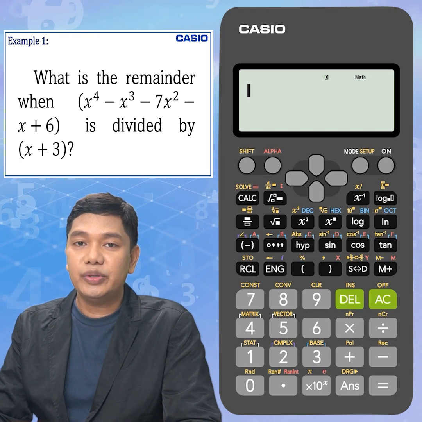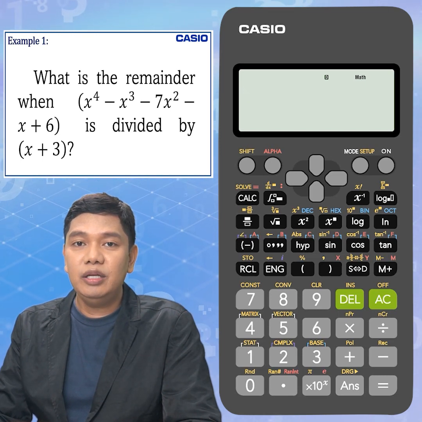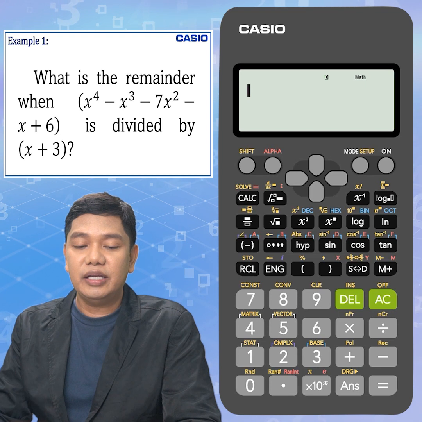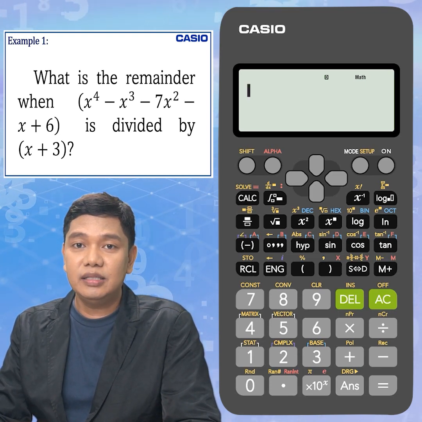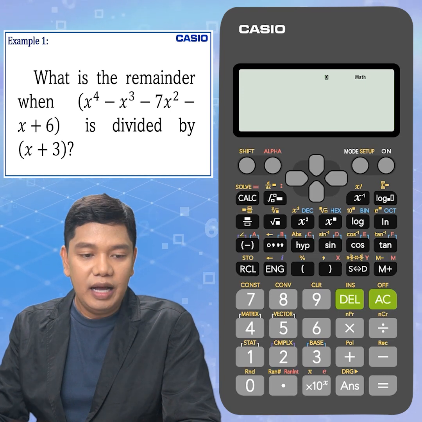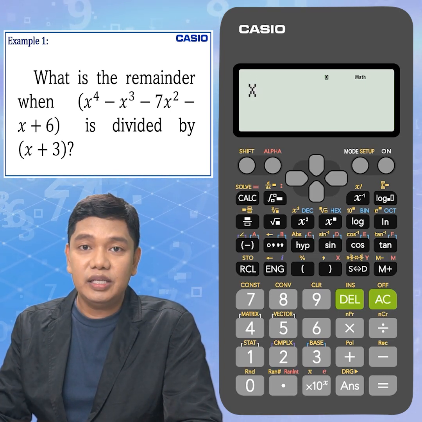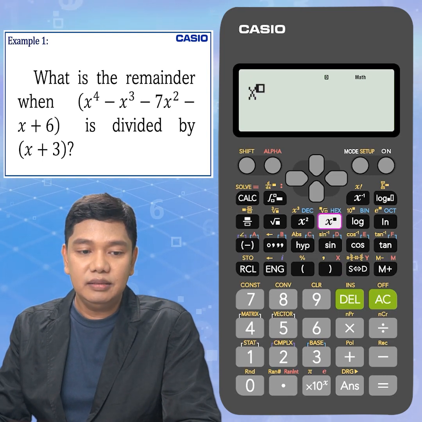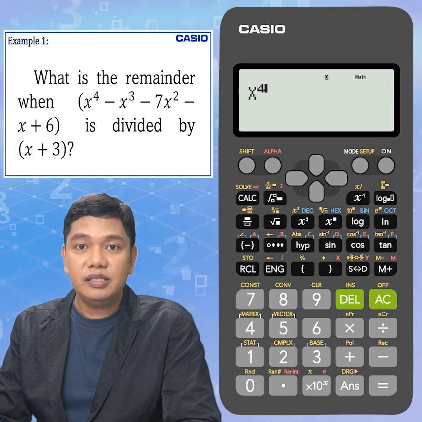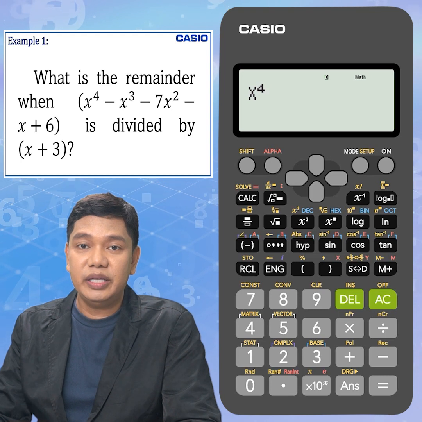Using our Casio ES Plus, we need to input the algebraic expression. Doing so, press the following buttons in succession. Alpha, close parenthesis to activate the x variable, exponent button, then 4, since the exponent of the first term is 4.